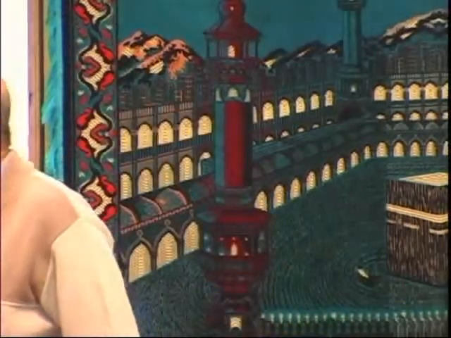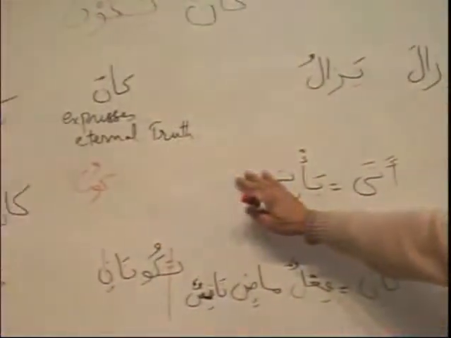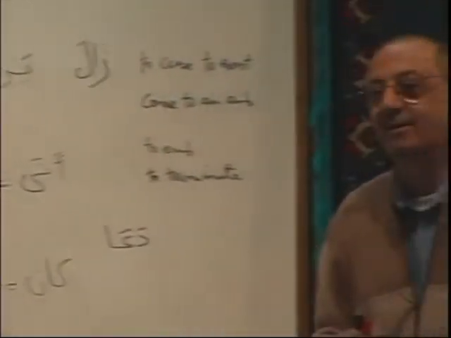Okay. Remember, it is only yati. There is no ya. What happened to the ya? Okay. And what is noon? Nun al-wiqaya. And what is ya al-mutakallim? Maf'ul bihi. He comes to me. Okay, are you with me?